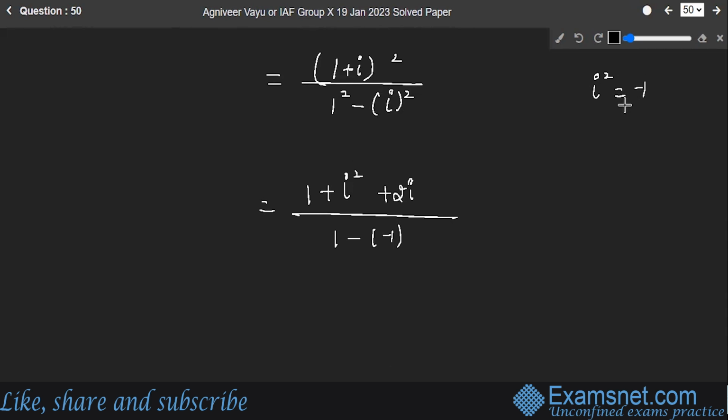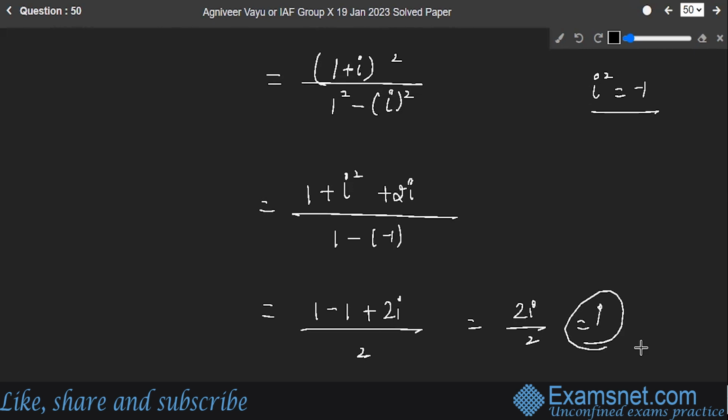Iota square is equal to minus 1, you know this. So this is equal to (1 minus 1 plus 2 iota) upon 2. You have 2 iota upon 2, or iota. So this is the answer to the question.